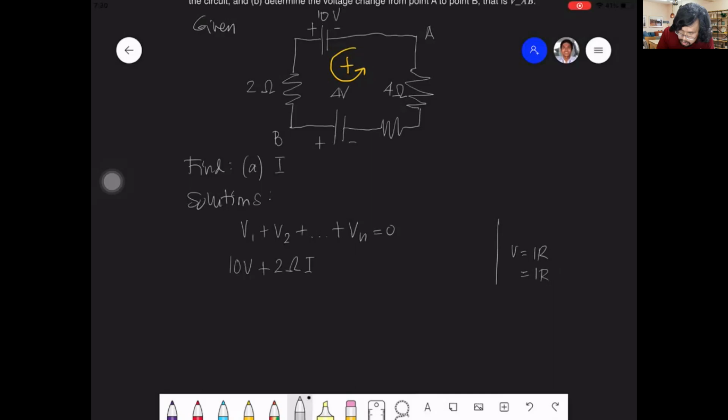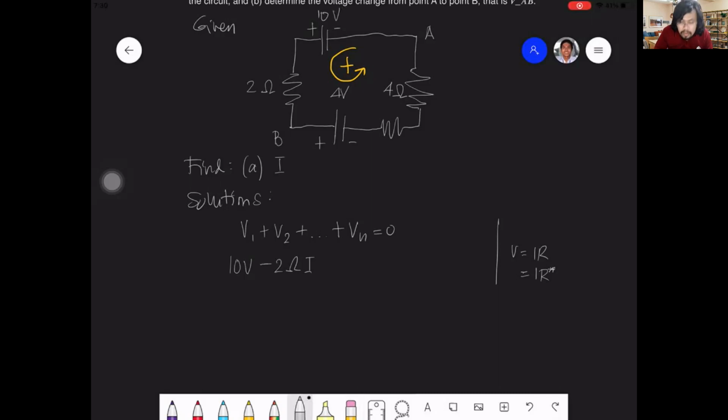Okay, so this is the resistor. So we have R times I. Oh, it's going to be a minus because it's a resistor. So take note of the convention.